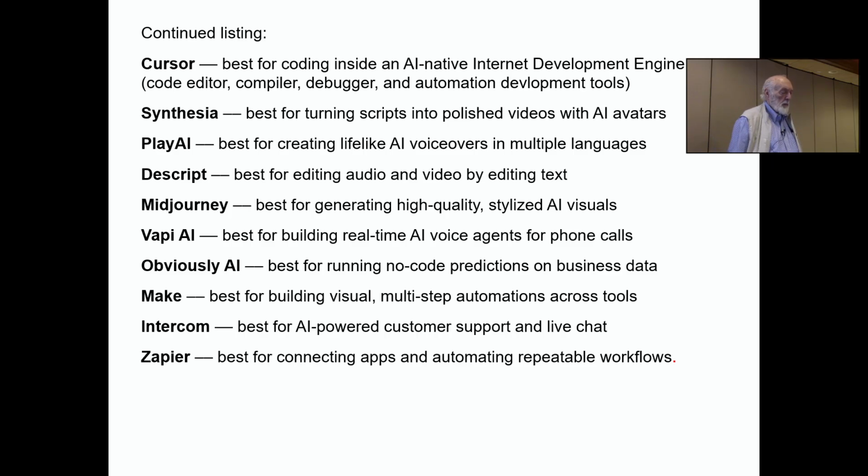Descript, best for editing. Midjourney, Vapey. Obviously AI. Make, for building visual multi-step automations. Intercom, customer support. Zapier, connecting AI apps, automating repeatable workflows, sorry.